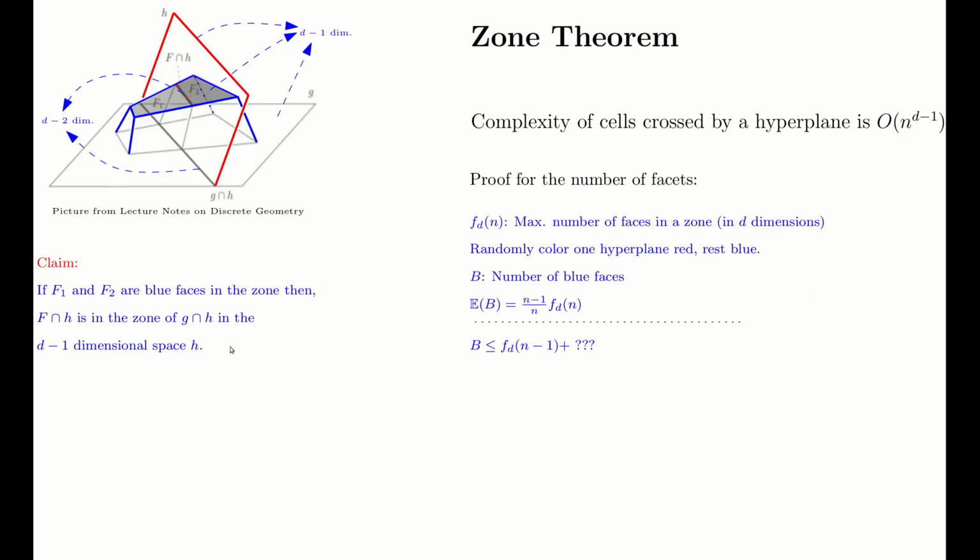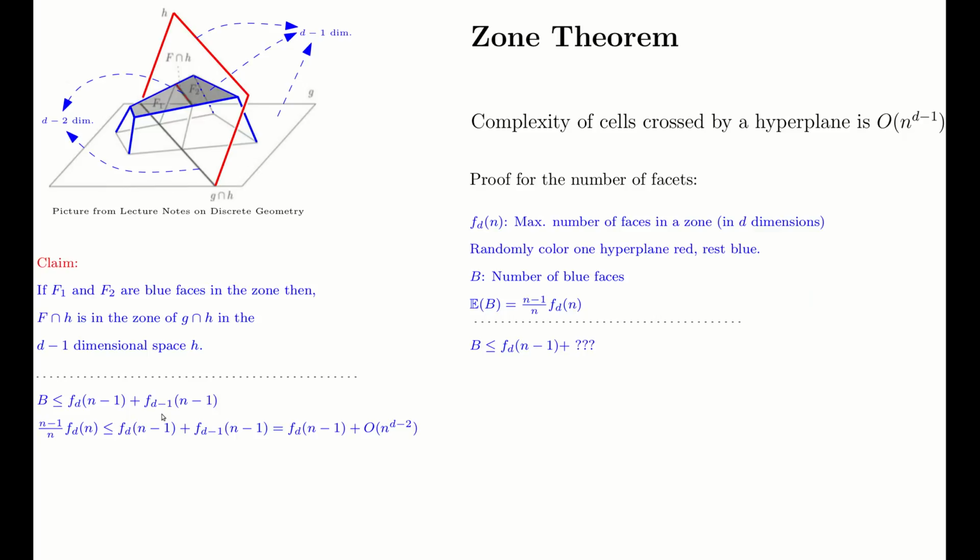If we assume this claim, then it follows that the increase in the number of blue faces is bounded by this function. Because we're looking at d minus 1 dimensional space, restricting ourselves to hyperplane H, and we have n minus 1 hyperplanes, all the hyperplanes except H, the increase in the number of blue faces will be this much, and thus the number of blue faces is bounded by the number of blue faces from before plus the increase.